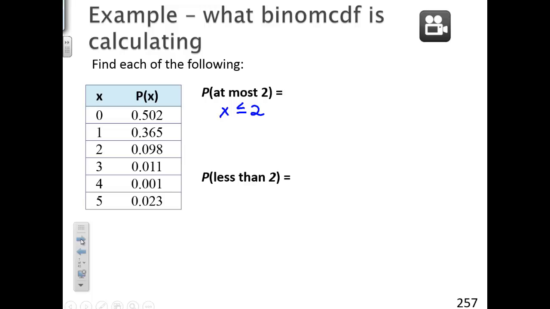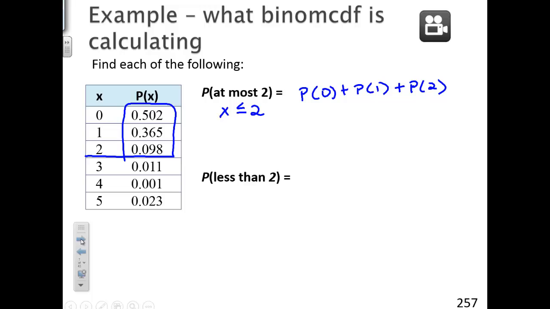The calculator is going to build this table for you over here on the left hand side, and it's going to take the values for 2 and less and add them up for you. So it's going to add the probability of 0 plus the probability of 1 plus the probability of 2. That's what the calculator is doing for you when you use that Binomial CDF function.